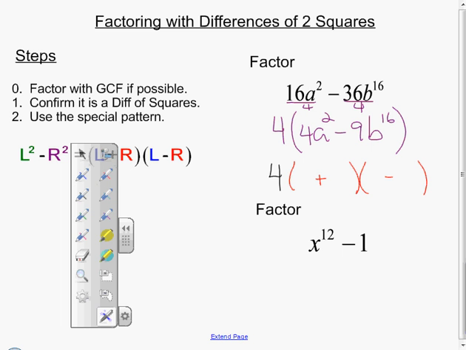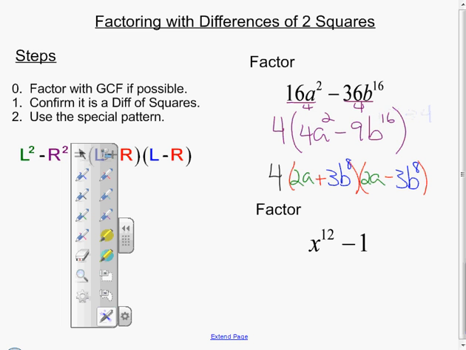And then I'm going to take my square root of 4a squared, which is 2a. And then I'm going to take my square root of 9b to the 16th, which is 3b to the 8th, because I'm cutting the exponent in half. Some people would say 3b to the 4th, because I want to square root the 16 and get 4, but that's incorrect.